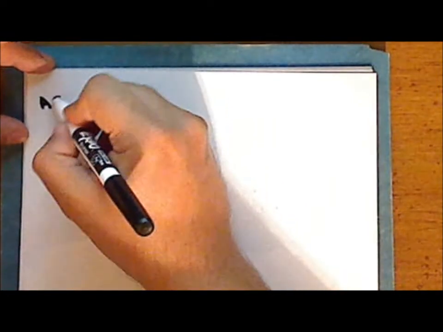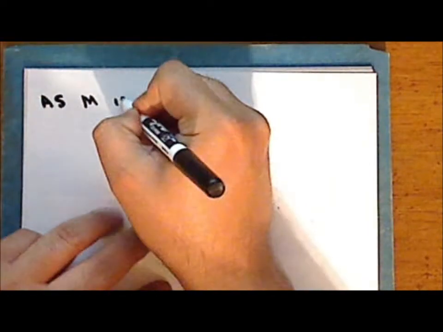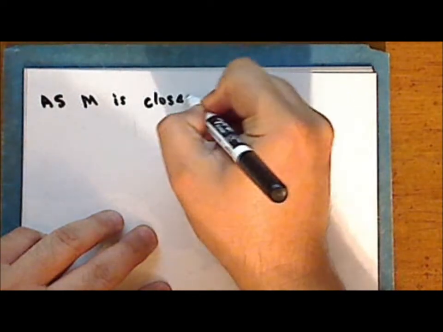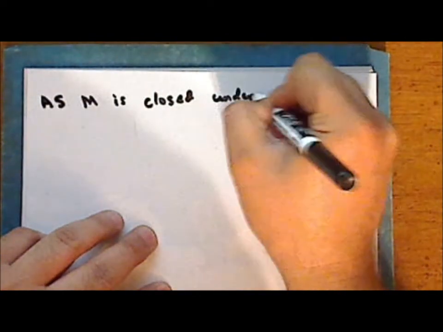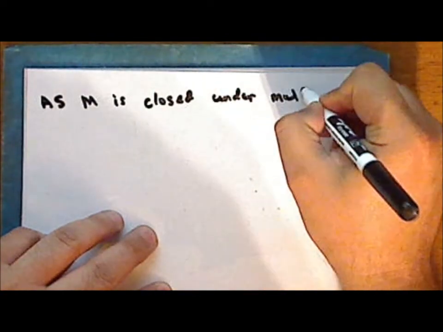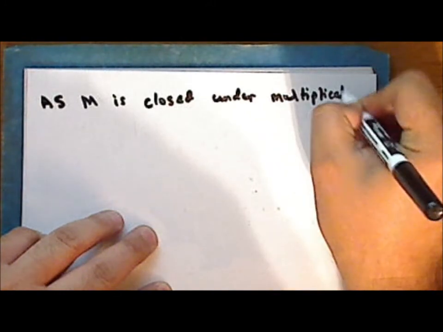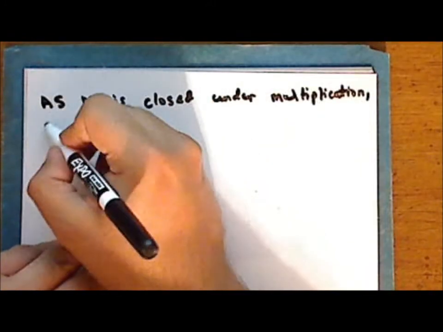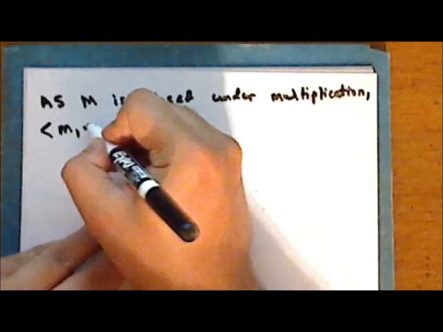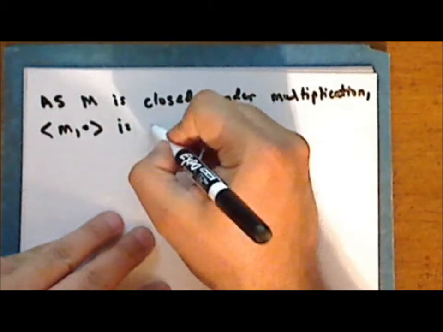So as the set M is closed under multiplication, the set M together with the operation of multiplication is a magma.